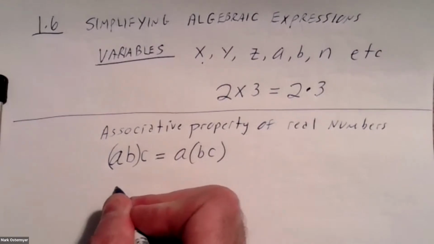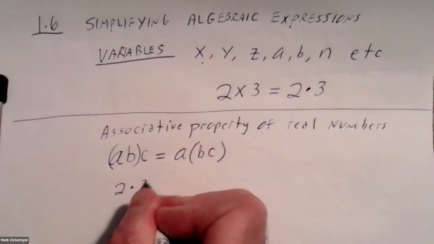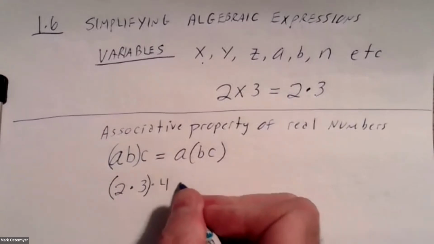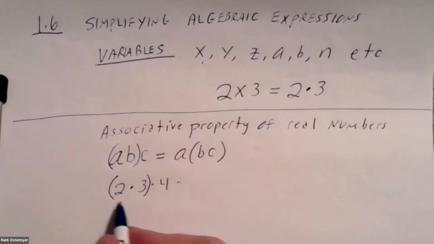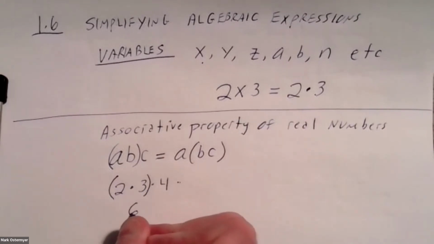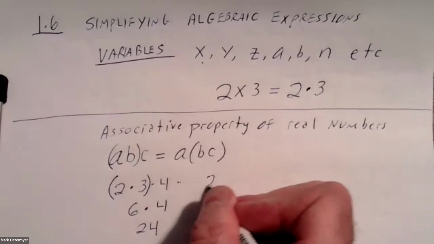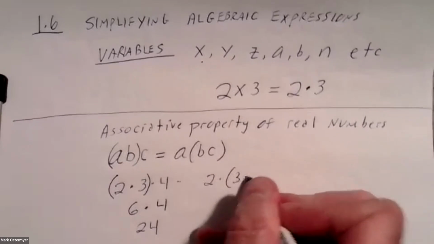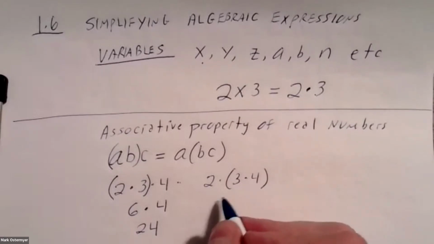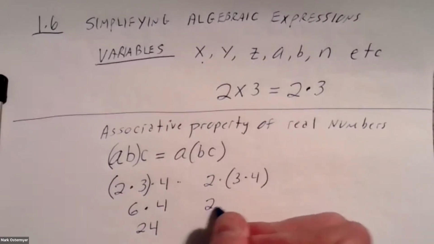Let's look at an example: 2 times 3 times 4. If I did 2 times 3 first, what would I get? 6. What's 6 times 4? 24. But what if I wanted to do 3 times 4 first? 12.